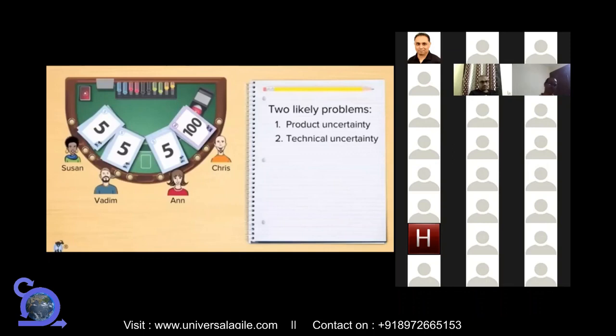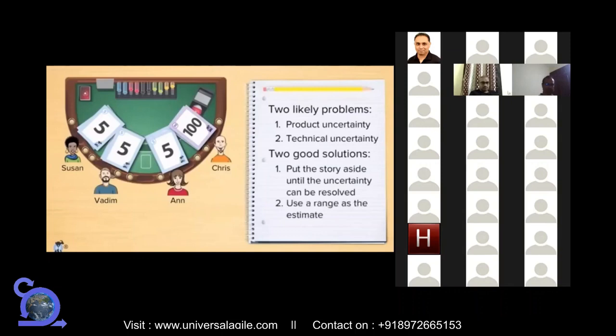So whether it's product uncertainty or technical uncertainty, if the estimates are hopelessly far apart, put the story aside, do the research, and then estimate the user story next week or whenever you get together again. Or consider using a range if reducing the uncertainty will take more effort than you want to or can invest.